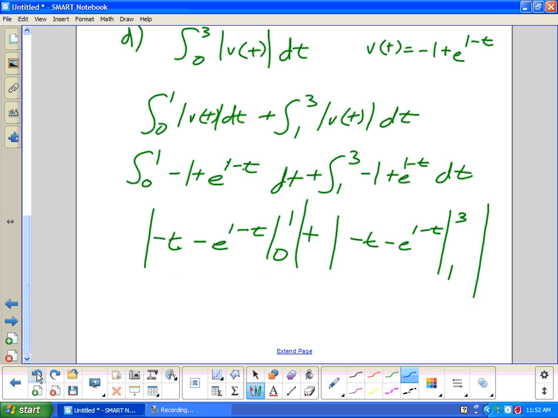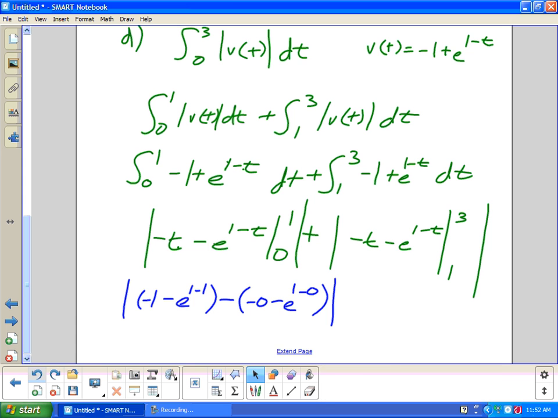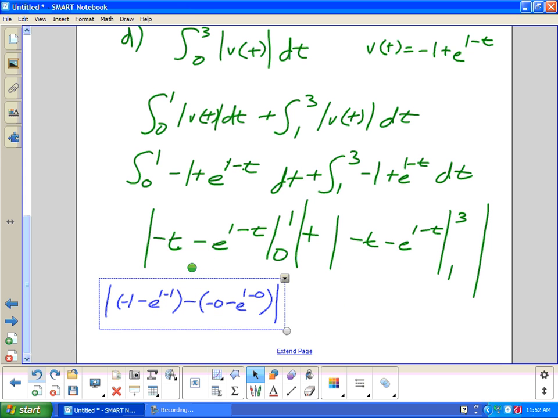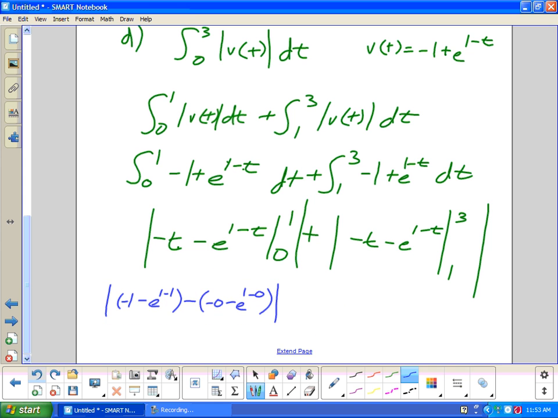I'm going to do the integral. If I plug in the numbers, I get -1 minus e to the 1 minus 1 minus -0 minus e to the 1 minus 0. That's the first one. And I would actually write that on the AP, trying to keep it fitting, plus the absolute value of, oh, yuck, -3 minus e to the 1 minus 3 minus... You can write out, either's fine.